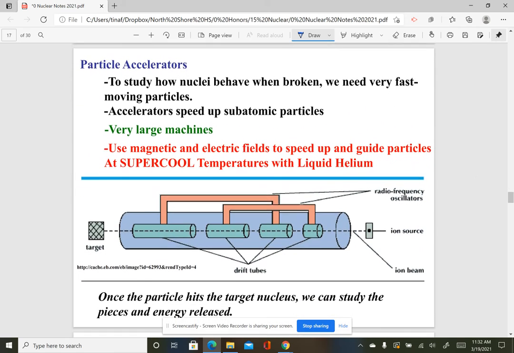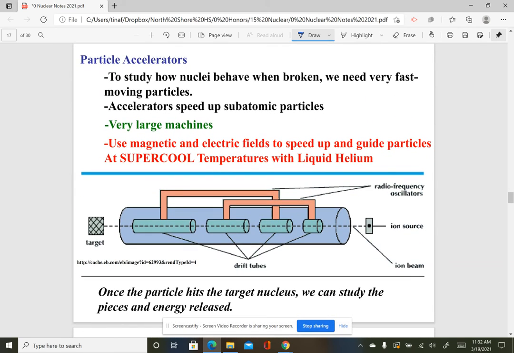Particle accelerators are exactly what they sound like. These are machines that are going to speed up particles. So this is our way, guys, of studying particles when a nucleus is broken down. These particles need to be sped up, and they're sped up using magnetic and electric fields.